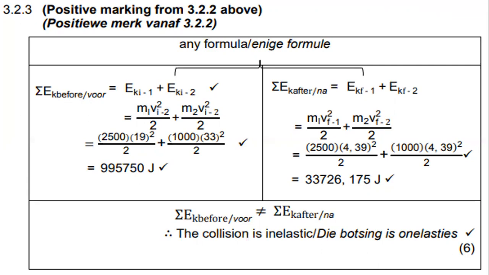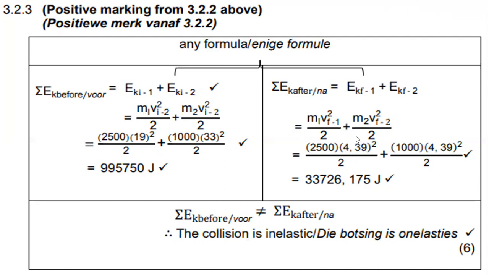Now, the final velocity of the truck, my dear learners, you will remember that we corrected that value and we found it to be 4.14 meters per second. So you will take the 4.14 meters per second and you will square it, and you won't be using 4.39 because this was actually incorrect from the previous question.